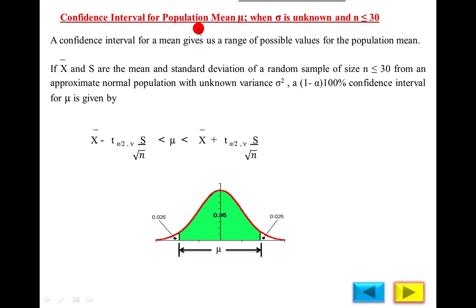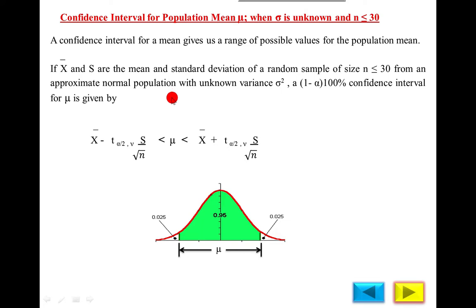So what is the difference between testing of hypothesis and confidence interval? This is the important thing. In testing of hypothesis, we test whether the null hypothesis about the population mean is true or false.